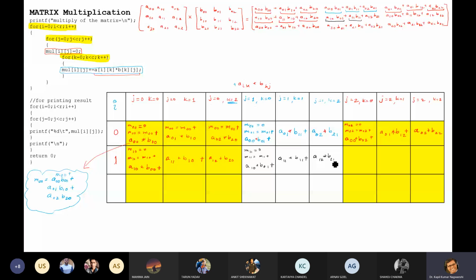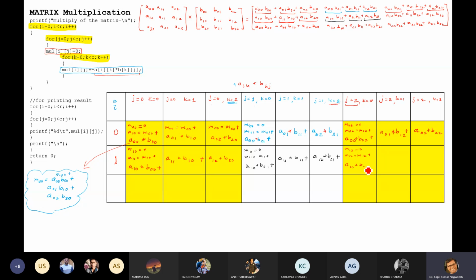Now k is completed, so the value of j will be incremented. Here we need to add m i j, i is 1, j is 2, m12 equals 0. Then m12 equals m12 plus, what is our term? a i k, i is 1, k is 0, multiplied by b k j, so 0, 2.